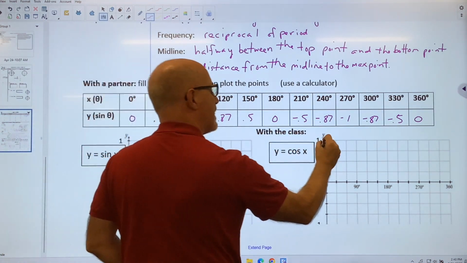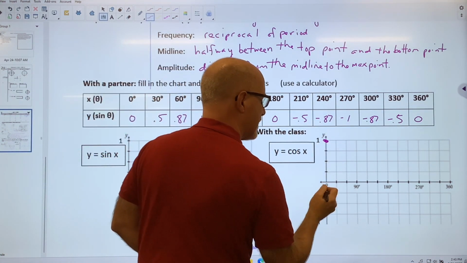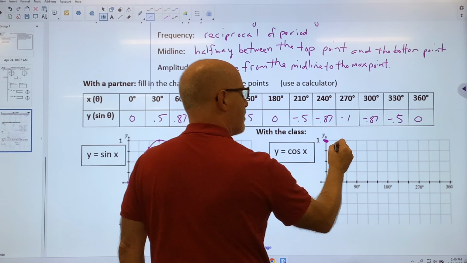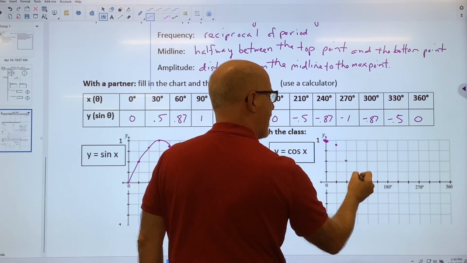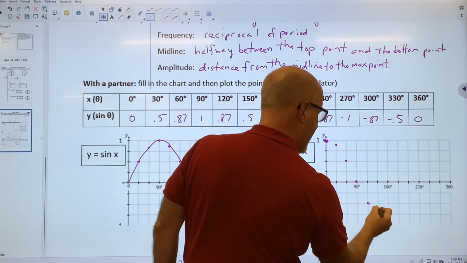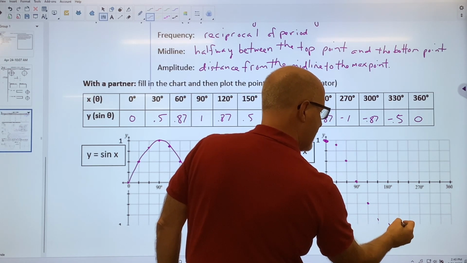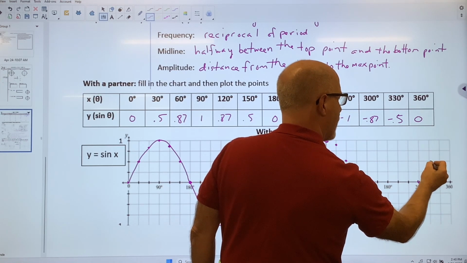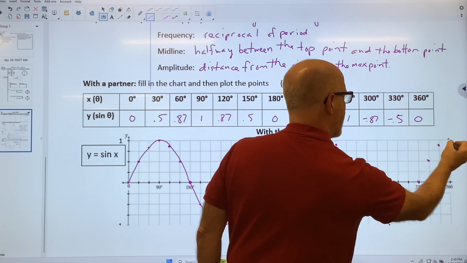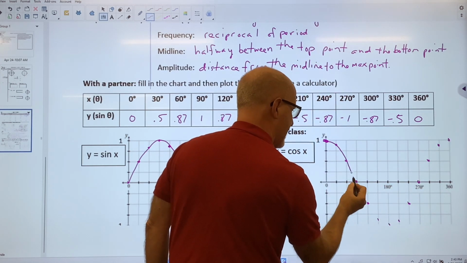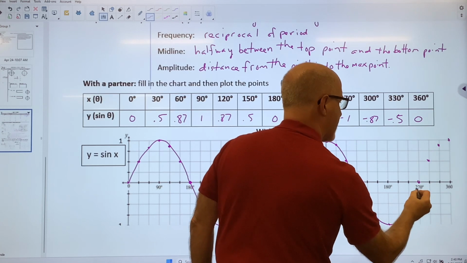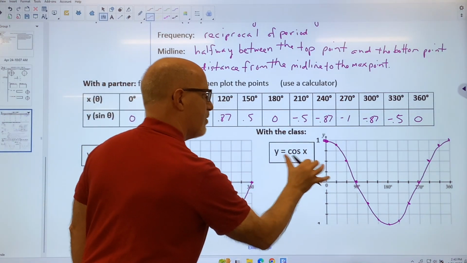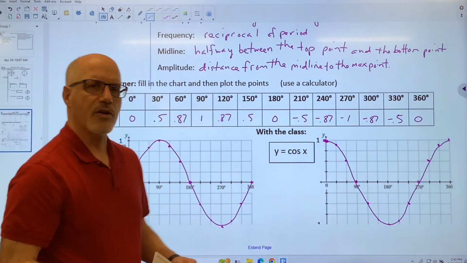So starting this one at 0, we start up at 1, where 90 degrees was, and then we just have the same repeating pattern: 0.87, 0.5, 0, negative 0.5, negative 0.87, negative 1, negative 0.87, negative 0.5, and 0, and then 0.5, 0.87, and then 1. And so the graph will look like this. It's just the sine graph shifted over a bit. So if we take this part of it and shift it over to the origin, we have our cosine graph.